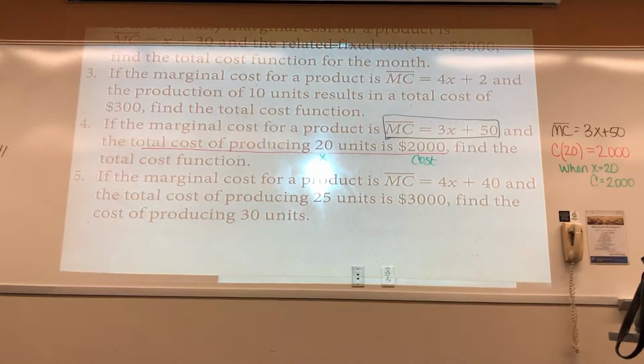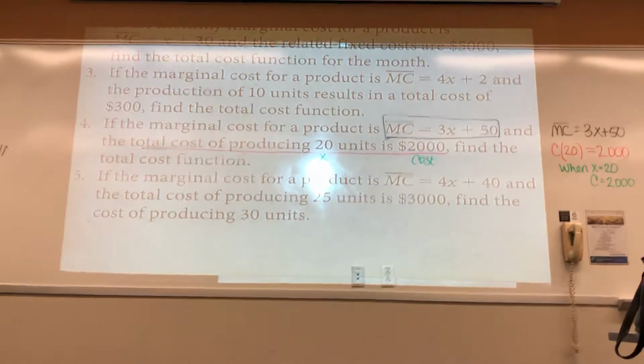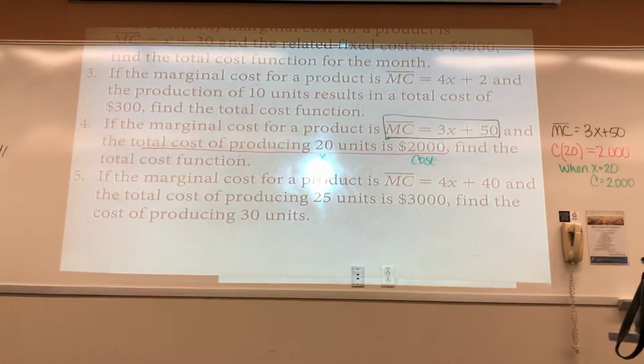This looks an awful lot like the first one I did, huh? Plus 50x plus K sub C. What do I do now? Plug in your nugget. So what do I plug where? What do I plug in for C? 2,000. What do I plug in for x? 20. Okay.